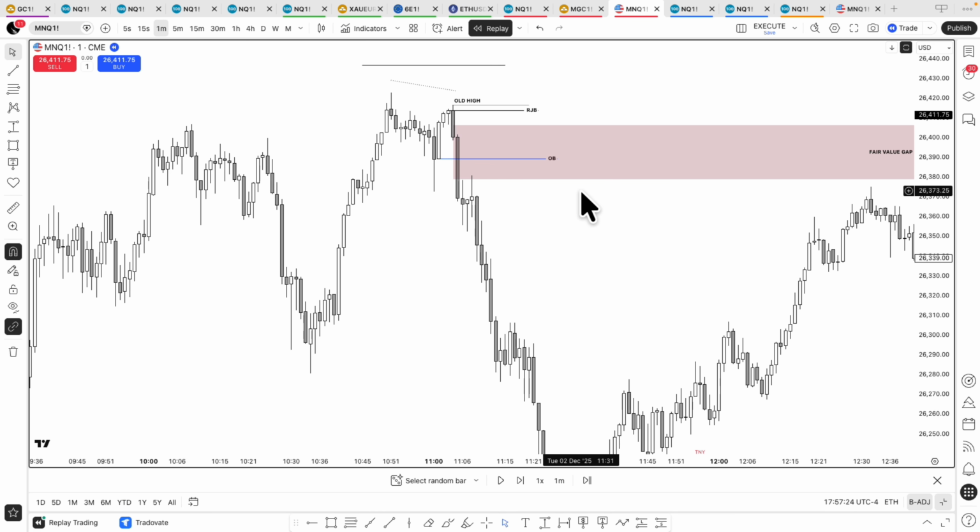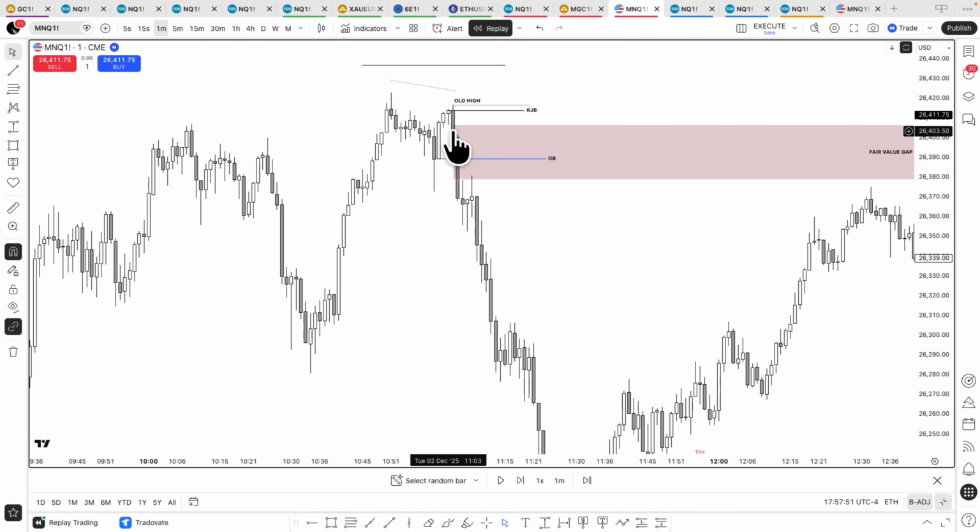When I was speaking about the principles of a fair value gap, I was stating the fact that we don't want to see price action close above the consequent encroachment. But it's even better if we do not close inside of this fair value gap at all. Why? That is an indication of how heavy order flow is going to be. When we look at the formation of this order block, it is a clean sequence of up close candles as well as a clean sequence of down close candles.